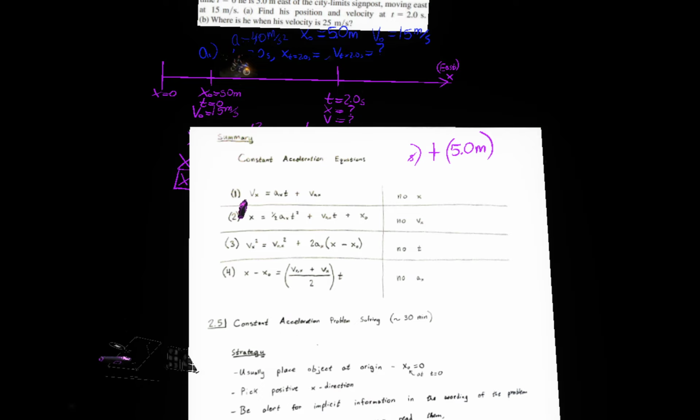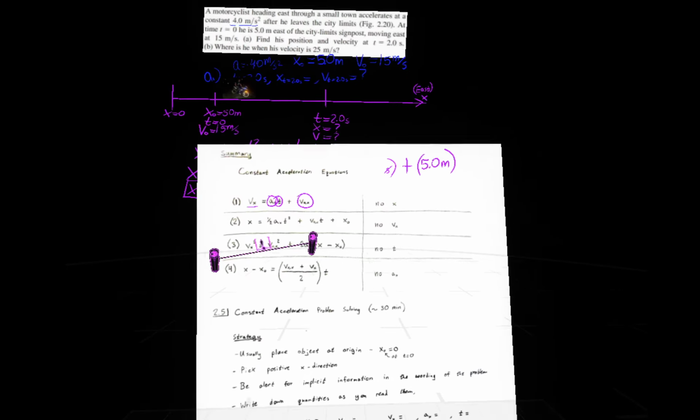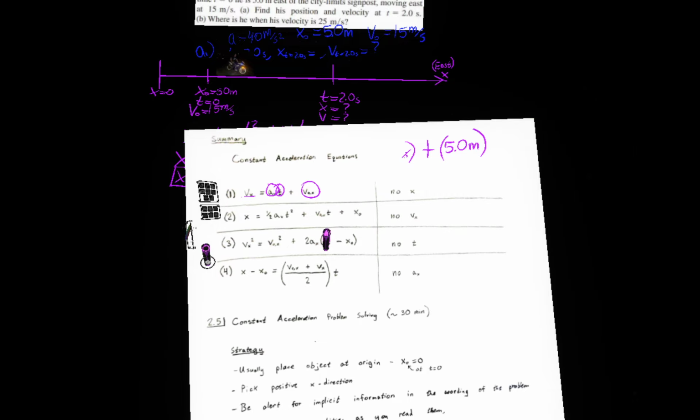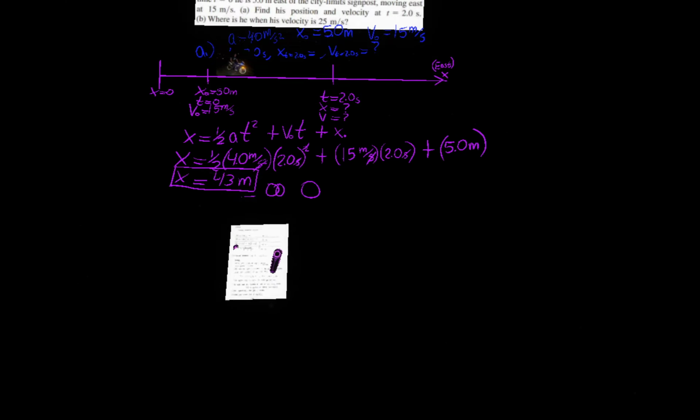Well, this one right off the bat has velocity, which is what we're trying to solve for, already symbolically ready to go. So do we have all the quantities we need on the right side then? Yes, we have acceleration. Yes, we have a t. And yes, we have a starting velocity. So perfect. We have everything we need, and it's already set up symbolically. So that's what we're going to do. We're going to use equation 1 here.